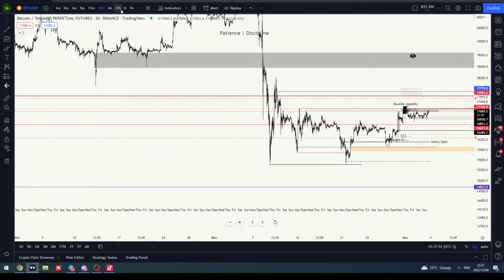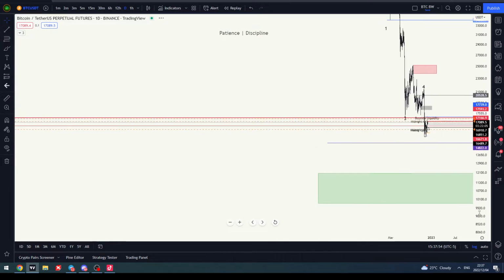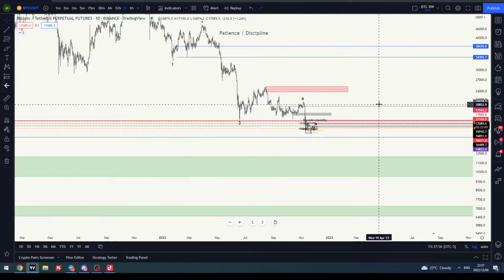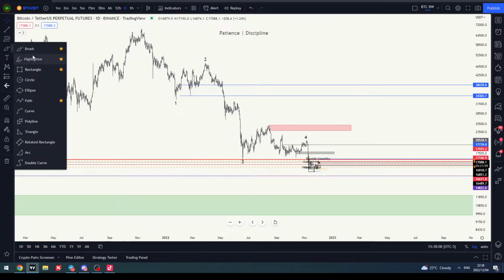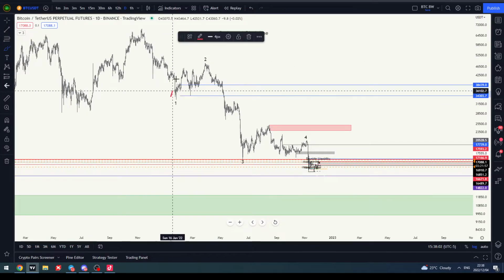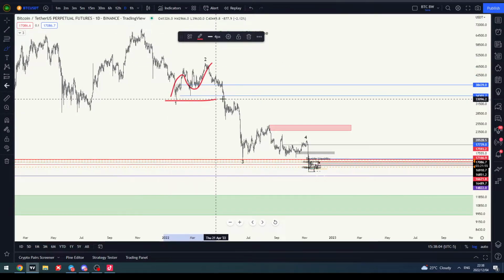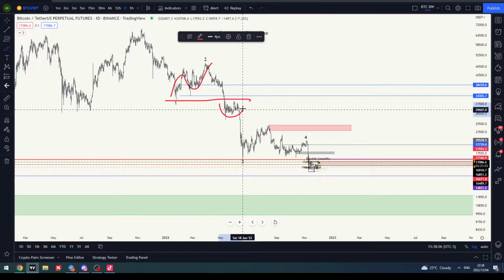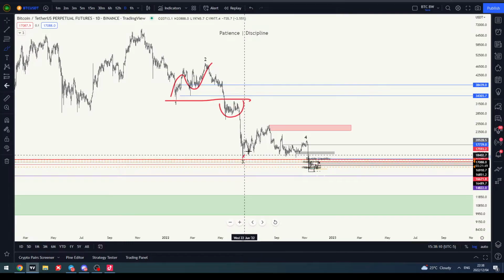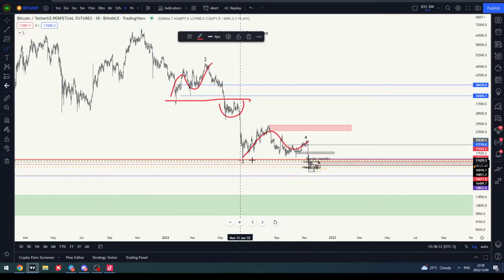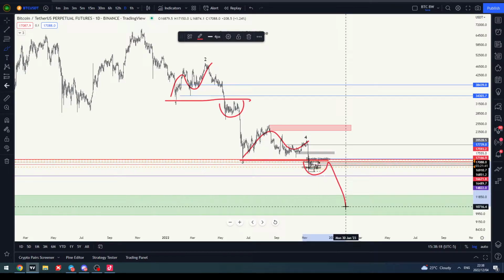Now, structurally, if I just look at Bitcoin as a whole here, there were comparisons to this piece of price action here, where this was the low and this was the little consolidation below before we fell, to this being that consolidation, this the low, and this the little consolidation underneath it, and that being the expectancy.